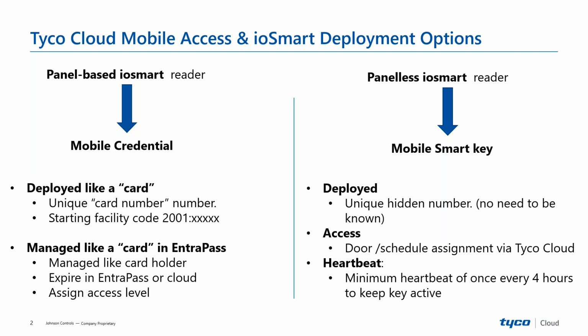Doors are managed by EnterPass in the panel-based setup, and when we say by EnterPass, it's by the controller realistically, because as we all know, the controller decides everything that happens in EnterPass. So the main differences here are panel-based with mobile credentials and panel-less with no controller using mobile smart keys.